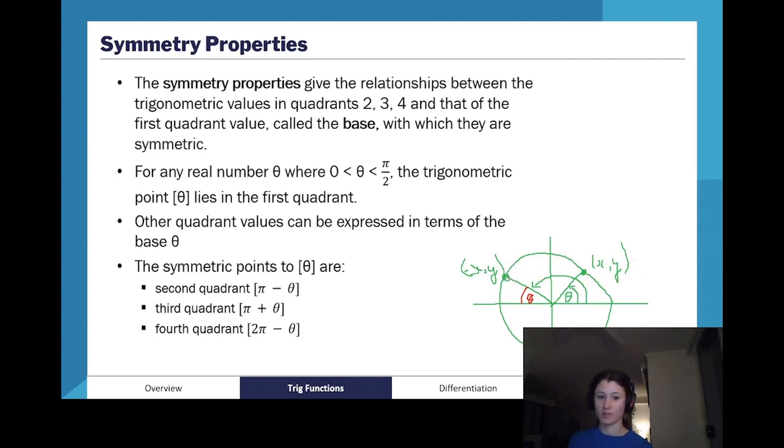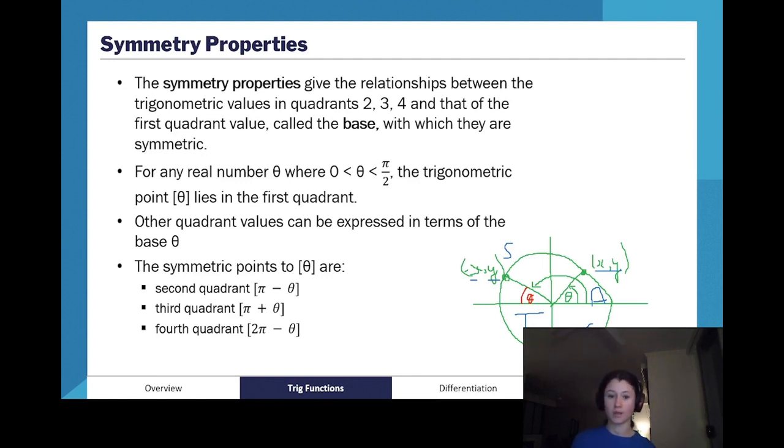And if you're particularly switched on, you might notice that this follows our system, CAST. Both x and y are positive here, only y is positive here, cos, or x, is negative, right?